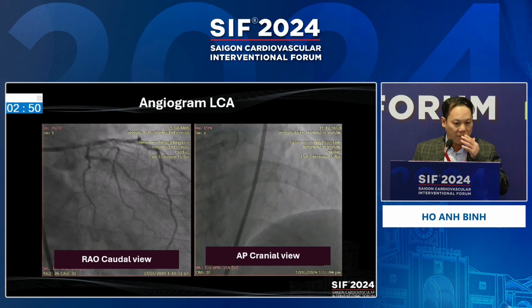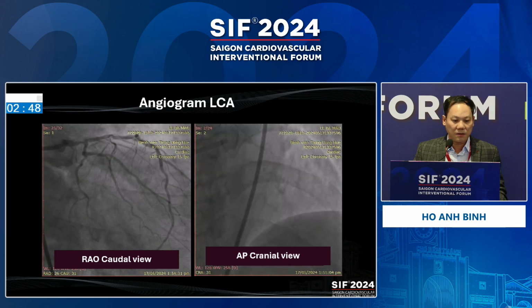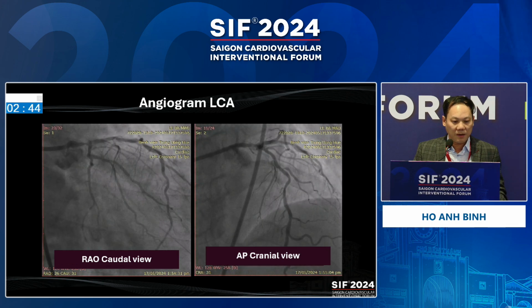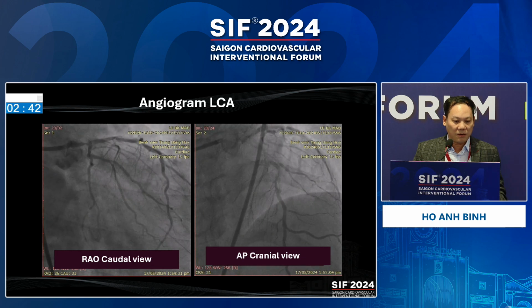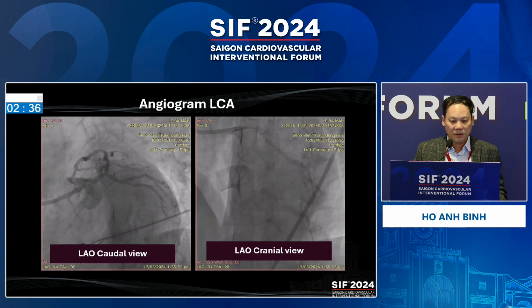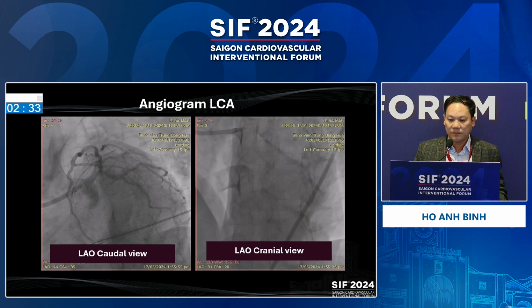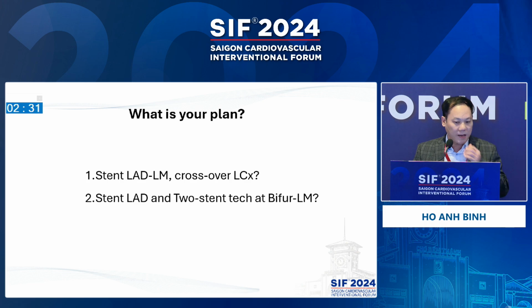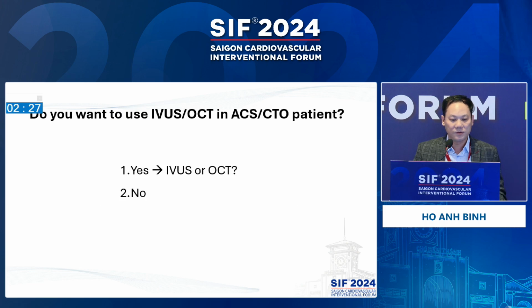We do the angiogram, and we see a lot of calcification in the left main, and the lesions are rather long. We decide to do the two stent technique at the bifurcation, and we also use IVUS to guide.